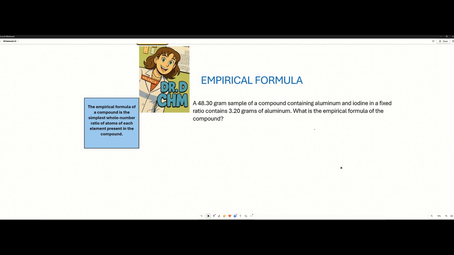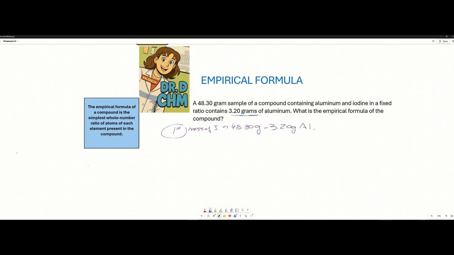So first thing here, I want to know the mass. Let me just grab a pen. Okay, here. First, I'm going to find the mass of iodine. I know that it's 48 grams of sample, and I have 3.20 grams of aluminum.